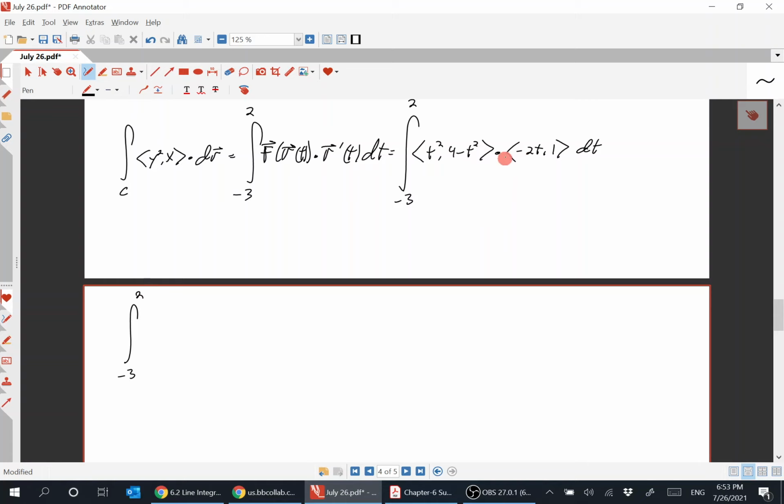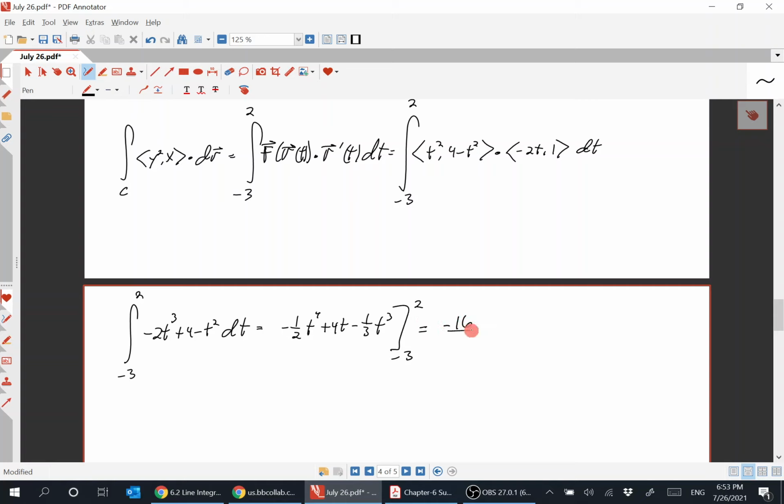Of course, the dot product of two vectors is a scalar. So it's minus 2t to the third plus 4 minus t squared dt. So minus 1/2 t to the fourth plus 4t minus 1/3 t to the third, from minus 3 to 2.